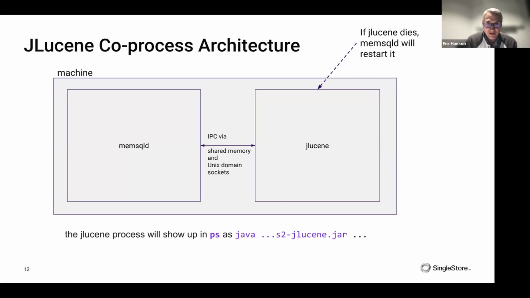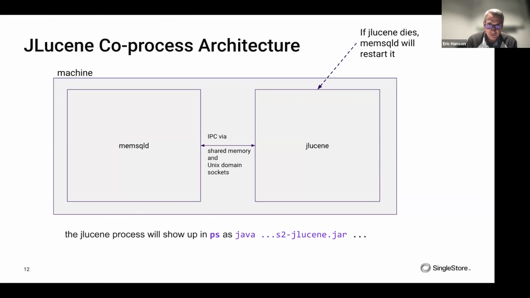The other process runs Java Lucene, and that process is called JLucene. Those two processes now communicate with each other to do full text search. So you send your queries directly to SingleStore, and if there's a full text search operation in your query, it will farm it out to the JLucene process. It's fully distributed, so there's a JLucene running on each leaf node and each aggregator node.